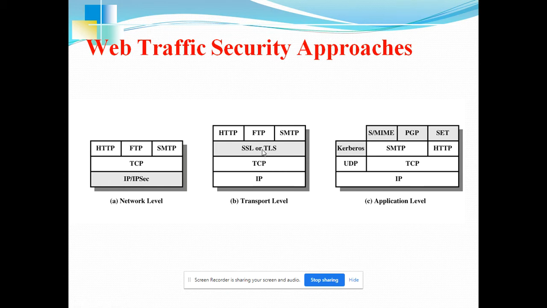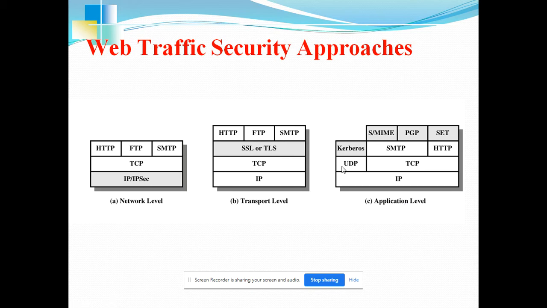This SSL security is provided at the transport and application layer combination. SSL means Secure Socket Layer, also called transport layer security. And at the application level, we have many protocols to secure your user data.